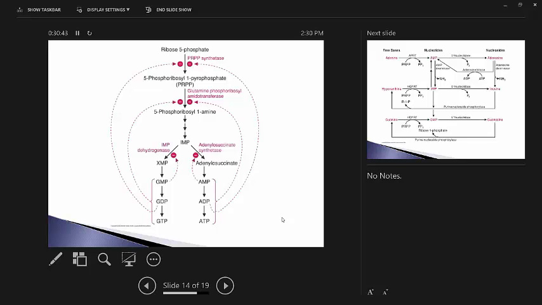GMP, GDP, GTP actually all go back to the rate-limiting enzyme. So this is end product inhibition for G, and this is end product inhibition for A. Okay, so we're controlling the synthesis of ATP and its derivatives, or AMP, with GMP and dealing with it that way. Okay, so that's what the process is.